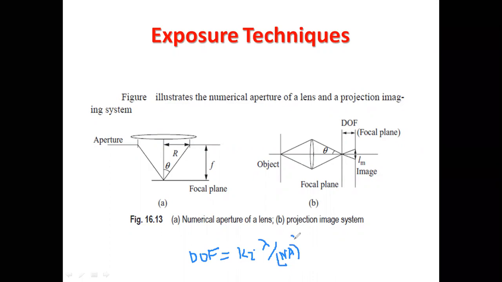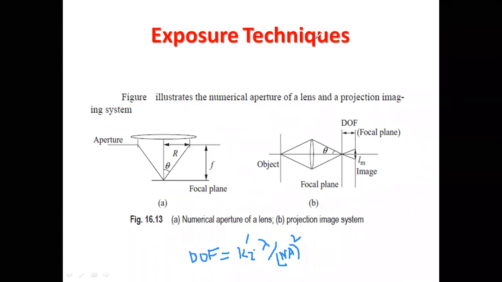This one is the depth of focus, that is K2 into lambda by NA square, where K2 is another constant that also depends on the technique or the process. The value of K2 is from 0.5 to 1. Okay, I hope all these exposure techniques are clear to all of you.